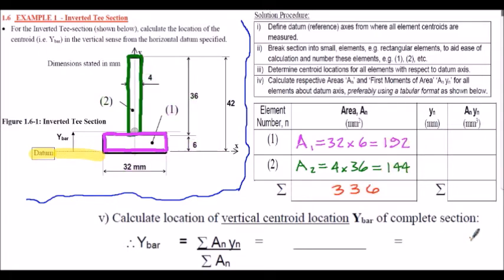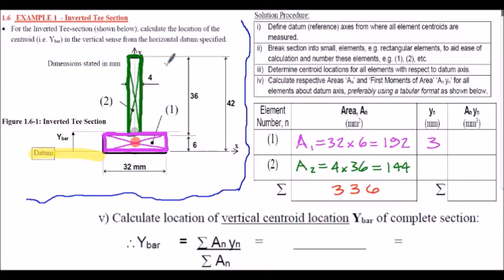Next we're going to evaluate the y dimensions for each of the rectangles from the datum given. Considering element number 1 here, its centroid location, if I bisect the corners, will be in this location. So the centroid for element number 1 from the datum given would be half of the depth, so half of 6 is 3 millimeters. It becomes a bit more difficult to evaluate the centroid of element 2 from the datum, so a little bit more consideration here.